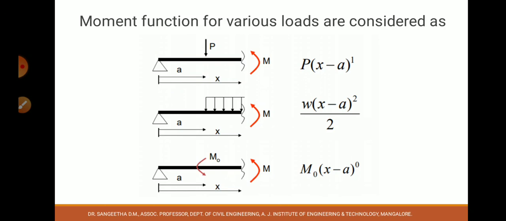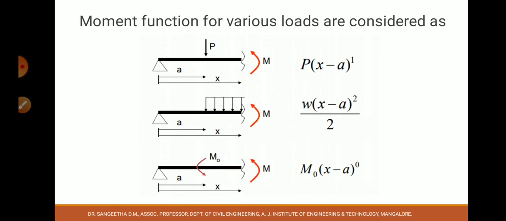If A is this distance given, how am I going to write my equation? W into x minus A whole square. Total length is x, and A is from the support where it starts, but I am going to take the moment about the other point. Moment about the other end of the beam.